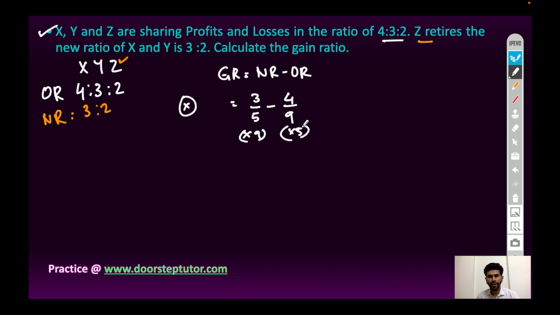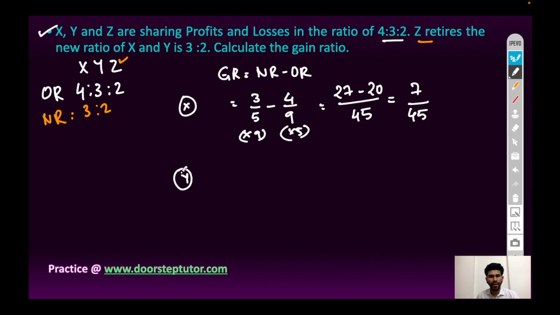To get the same denominator, we will multiply 5 with 9 and 9 with 5. 9 multiplied by 3, 27. 5 multiplied by 4, 20. The balancing will be 7 by 45. The gain ratio of Mr. X is 7 by 45.